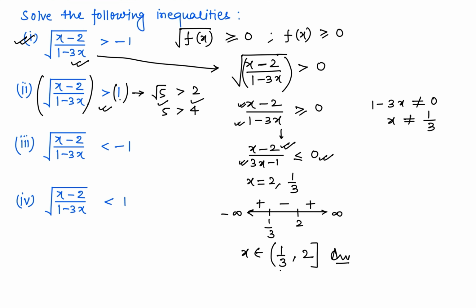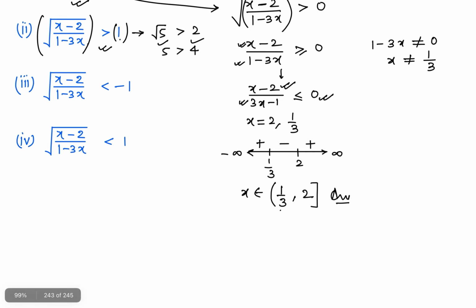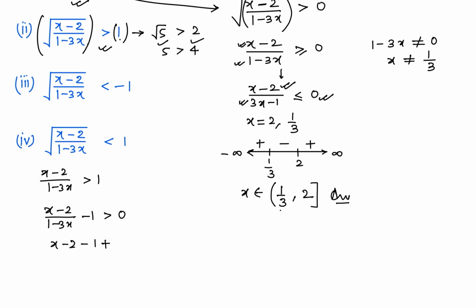Here is the same case. So we will square both sides to get (x minus 2) divided by (1 minus 3x) greater than 1. Now (x minus 2) divided by (1 minus 3x) minus 1 is greater than 0.